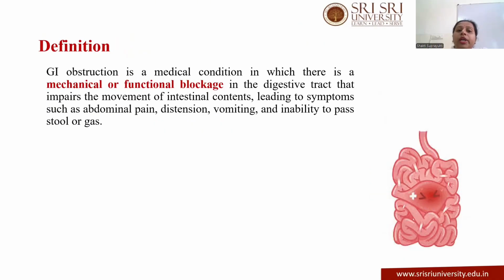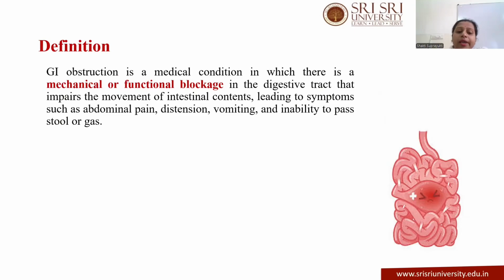Then the definition of GI obstruction. GI obstruction is a medical condition in which there is a mechanical or functional blockage in the digestive tract that impairs the movement of the intestinal content, leading to symptoms such as abdominal pain, distension, vomiting, and inability to pass stool or gas.